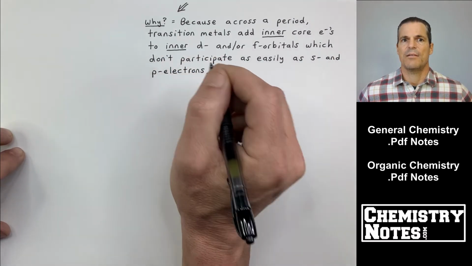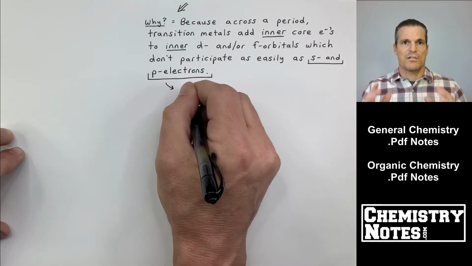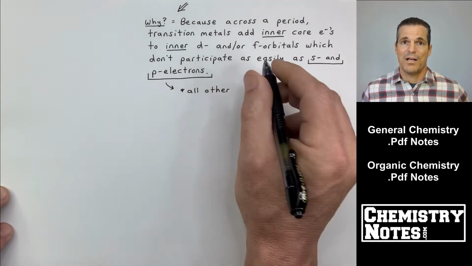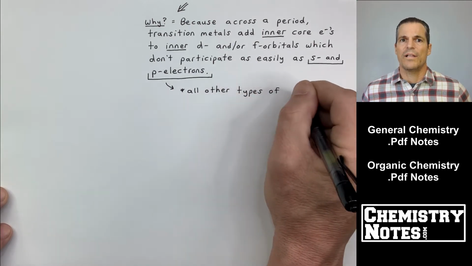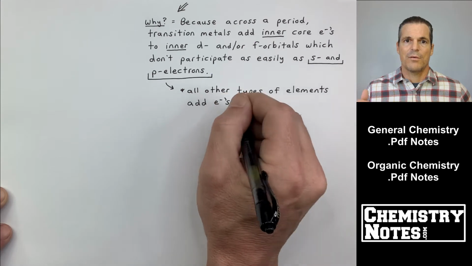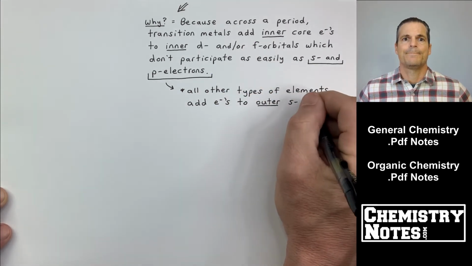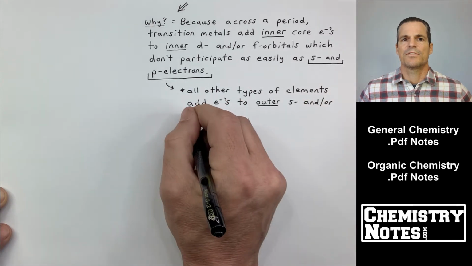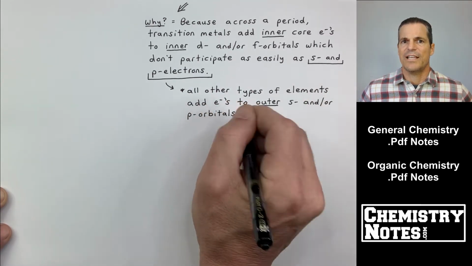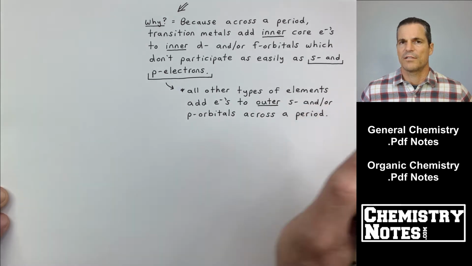The s and p electrons are the valence electrons. They're the outermost electrons, right? They participate in things like bonding, whereas the inner core electrons are kind of hidden, right? That's why when we talked about the effective nuclear charge, Zeff, all other types of elements add electrons to the outer s and or p orbitals across a period.